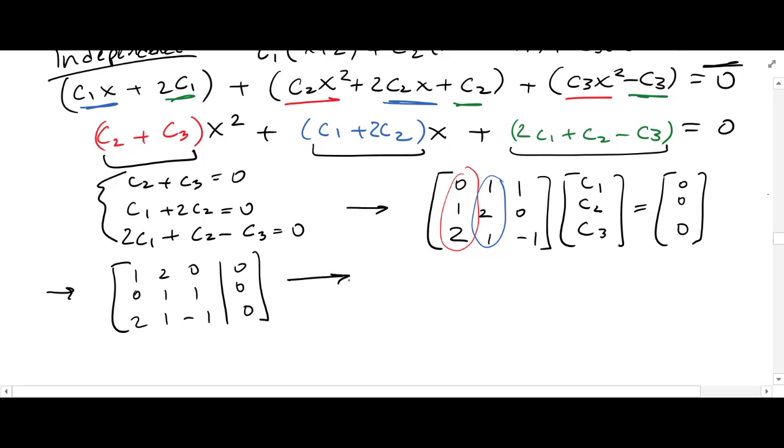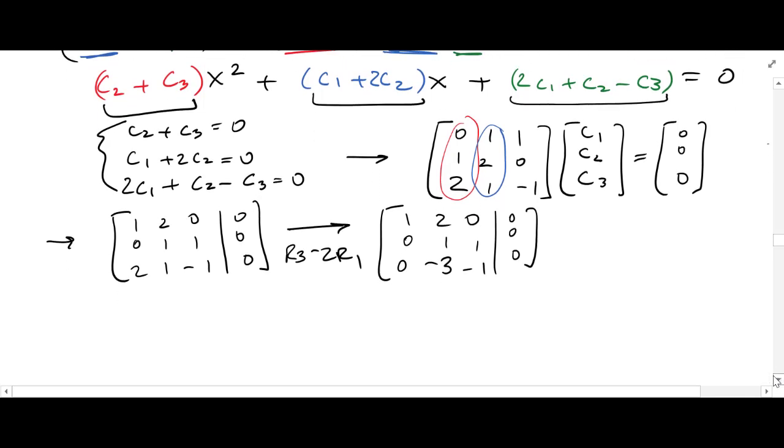Then I'll do row 3 minus 2 row 1. 0, 1, 1, 0. 1 minus 4 gives you negative 3, and negative 1 is here. And then we'll do row 3 plus 3 row 2.